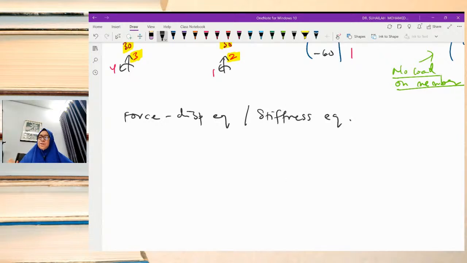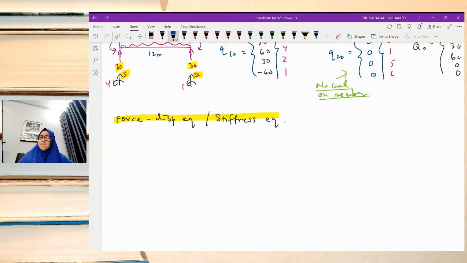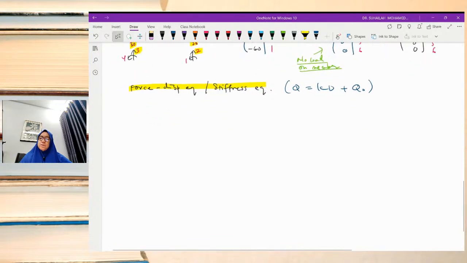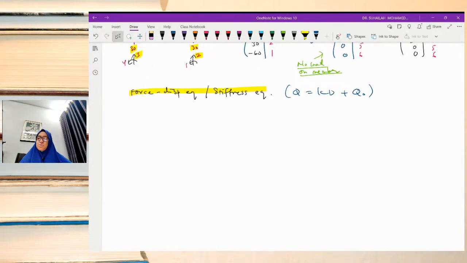Okay, stiffness equation. So this is Q is equal to KD plus Q naught.